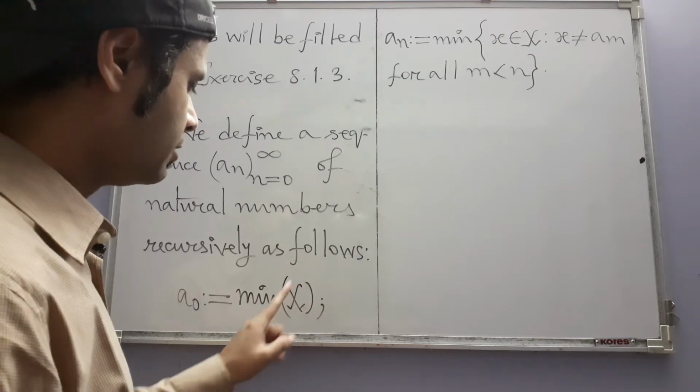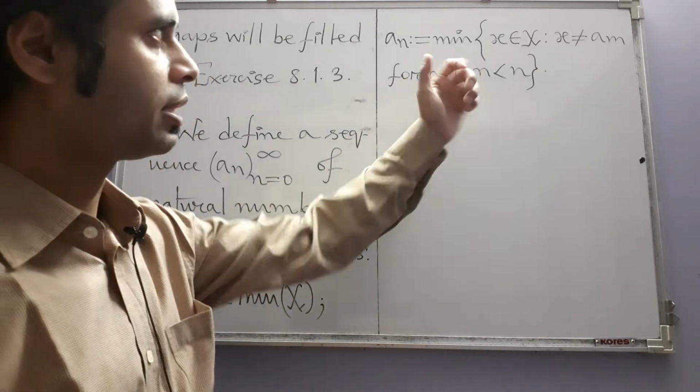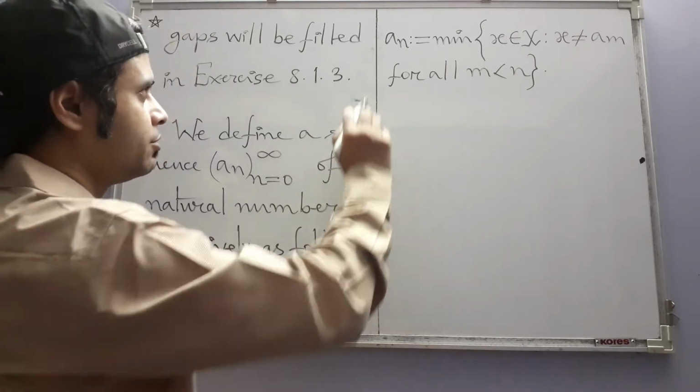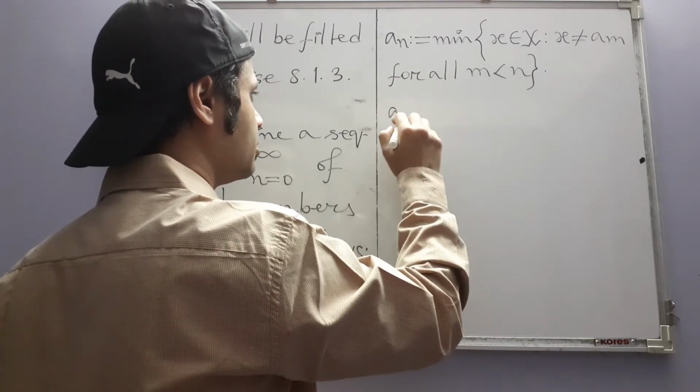So I was saying just now that a naught, this definition is in fact contained in this. Is that really the case? What will you get if you put n equal to 0 here in this definition?